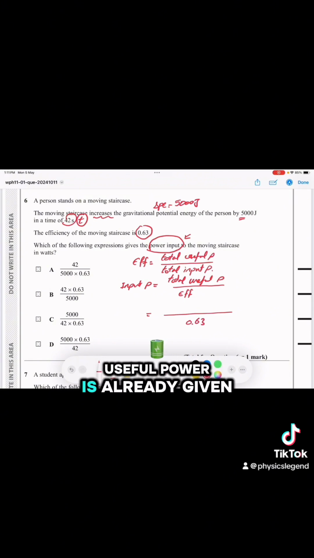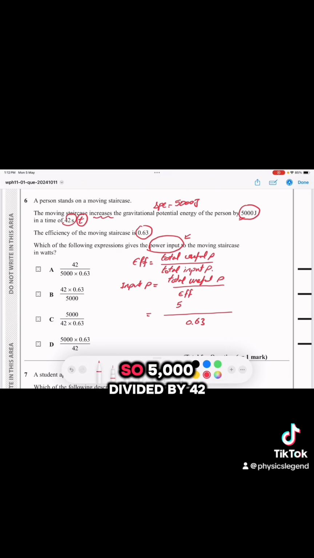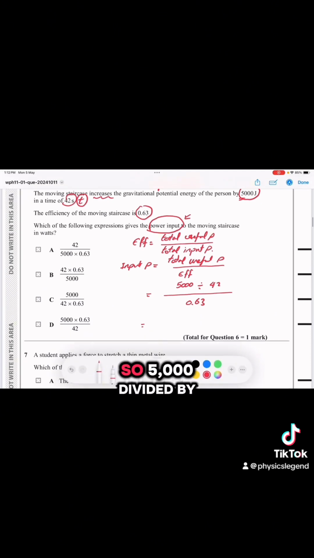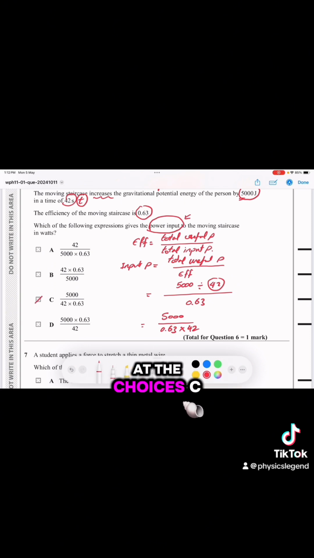Useful power is already given: 5,000 joules divided by the time taken. So 5,000 divided by 42. Do not use a calculator at all, here in Edexcel, quite easy. So 5,000 divided by 0.63, and take the 42 down, which is times 0.63 in the denominator. Look at the choices. C is the correct one.